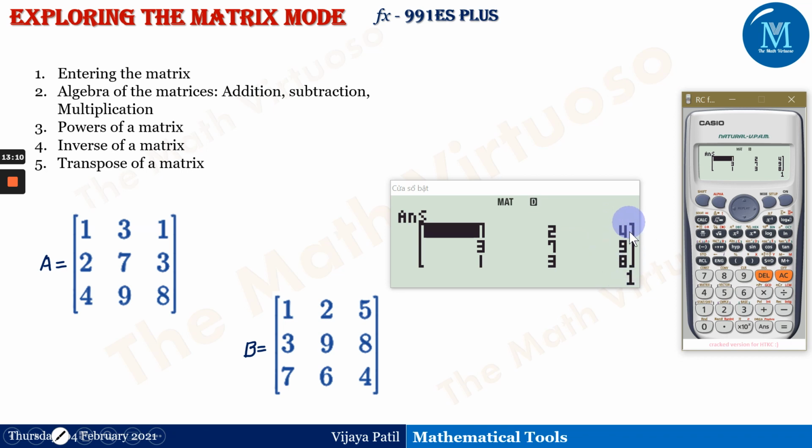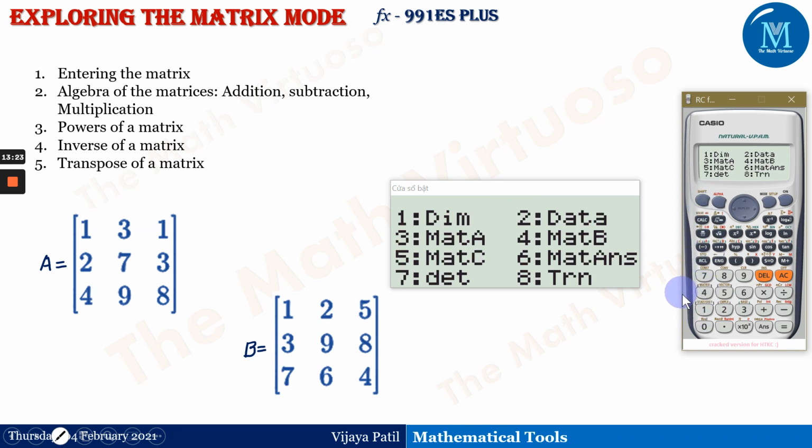This is the beauty of this calculator. In fact, almost all scientific calculators give you the matrix mode. So with shift 4, you can have the transpose and the dimensions.